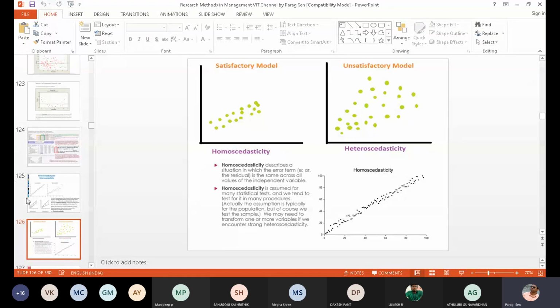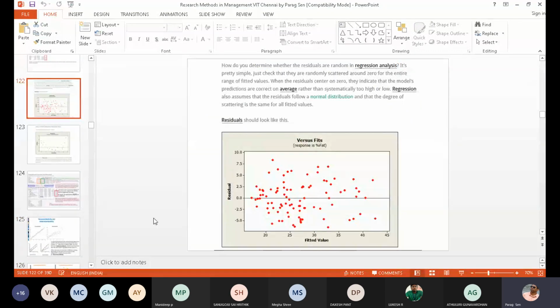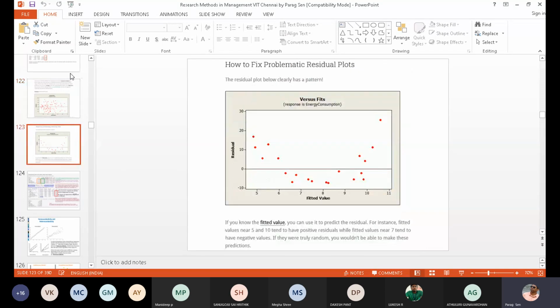You just need to know that if the residual versus fit plot is scattered in nature, then the assumption of linearity is correct. But if it is not scattered, if you notice some specific relationship between the fitted values and the residuals, then the relationship is not linear in nature.